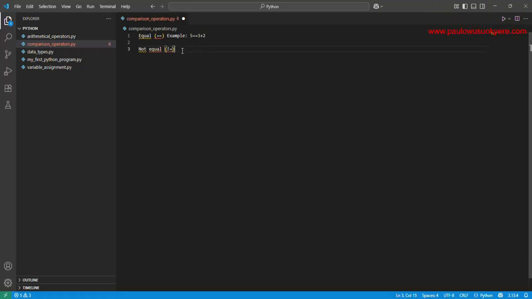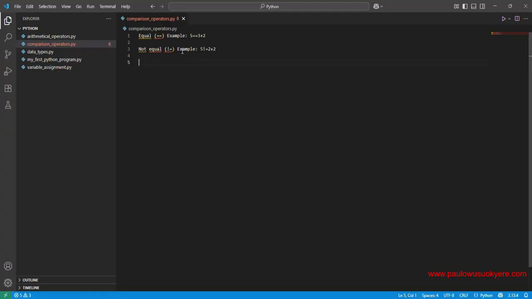An example is, you can see 5 is not equal to, or 5 is not the same as 2 plus 2. So that is how the not equal is used.